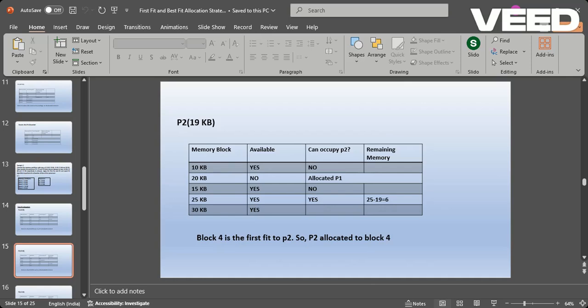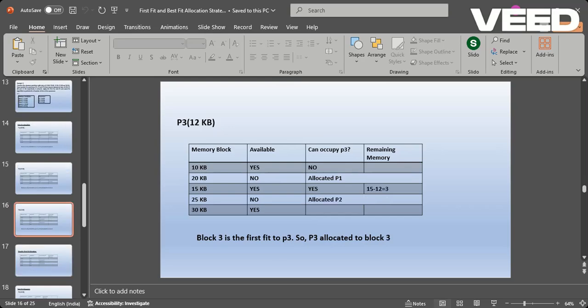The fourth block, 25 KB, is available space and is enough to store P2. So the first location large enough to store P2 is memory block 4, 25 KB. 25 minus 19, 6 is the remaining memory wastage. So block 4 is the first fit for P2, and P2 is allocated inside block 4.